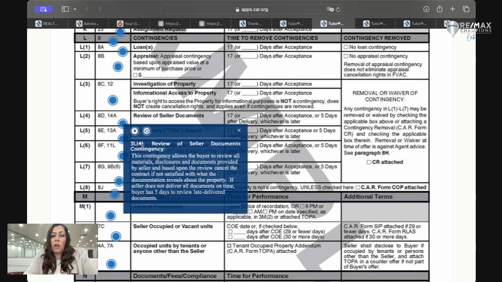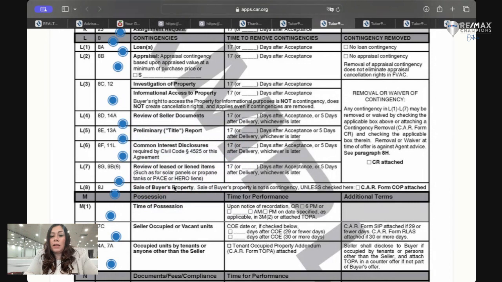Review of seller documents contingency. So the contingency allows the buyer to review all of the disclosures and documents provided by the seller, and based upon the review, cancel the contract if they're not satisfied with whatever the property is revealing. If the seller does not deliver all documents on time, buyer has 5 days to review late delivered documents.